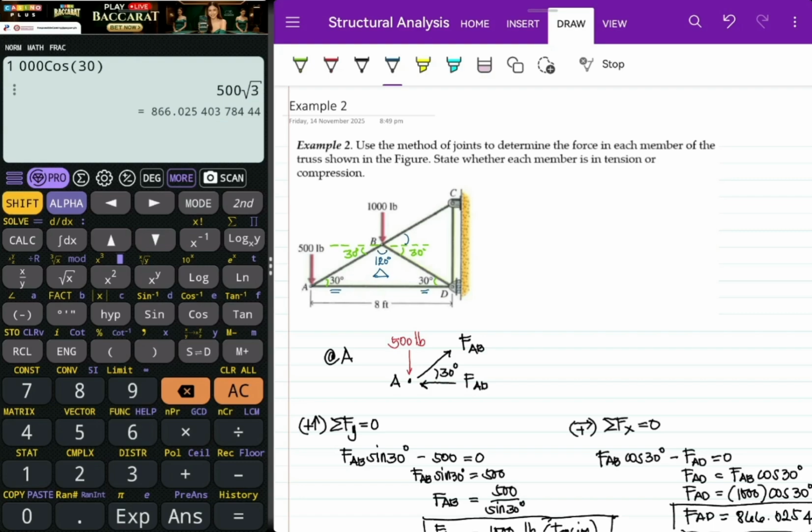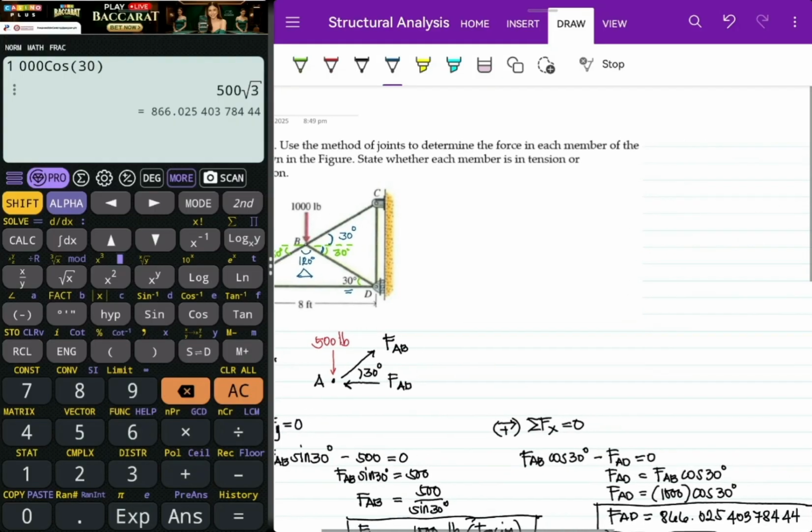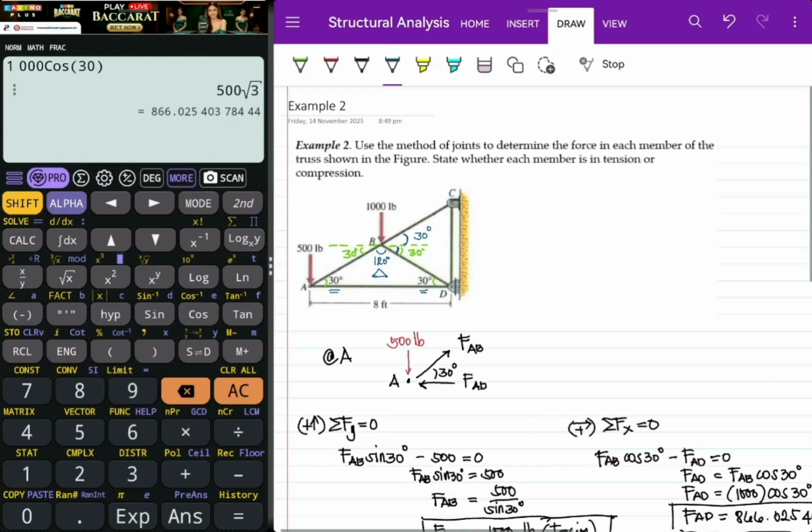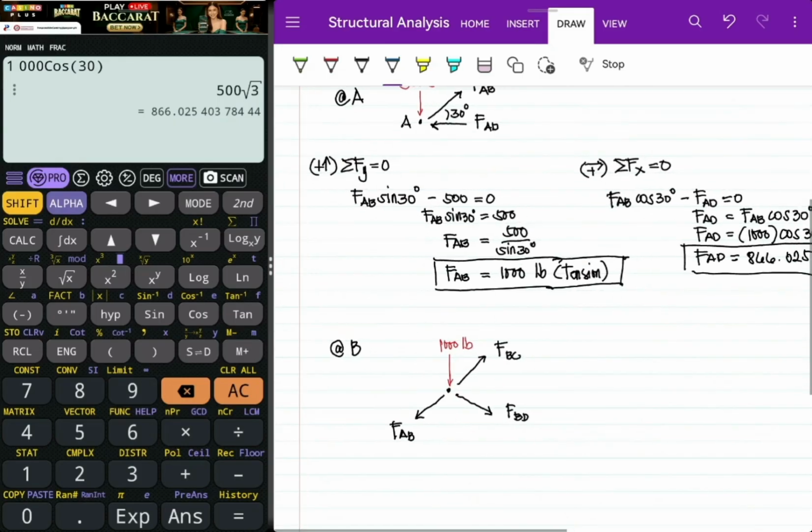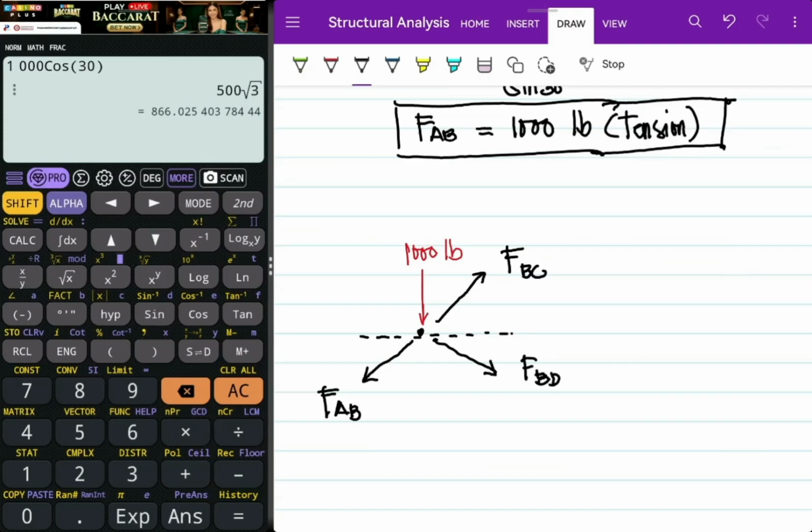Now if this is 120 and this is 30, this is 30 degrees as well, because this is a straight line ABC. So writing that, write our horizontal axis here. This is 30 degrees, another 30 degrees, and this is 30 degrees as well.